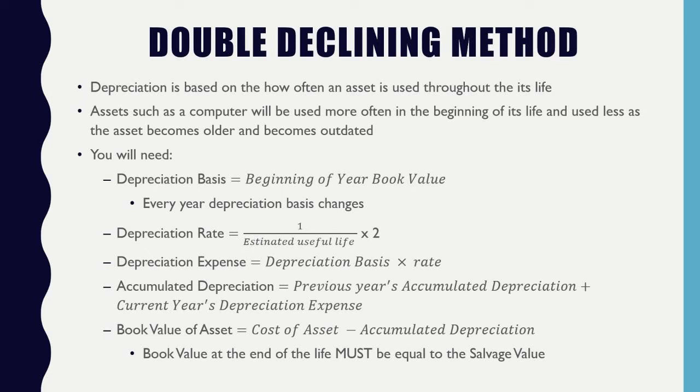Then depreciation expense is going to be the basis times the rate. Accumulated depreciation is the same: it's the previous year's accumulated depreciation plus the current year's depreciation expense. Book value is also the same: it's the cost of the asset minus the accumulated depreciation. And again, book value at the end of the life must be equal to the salvage value.